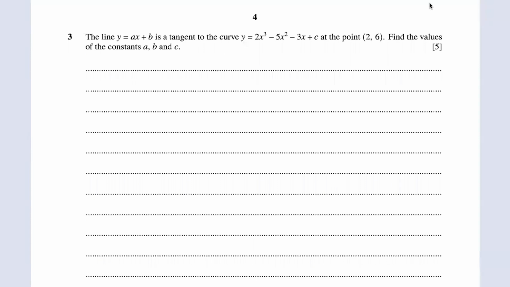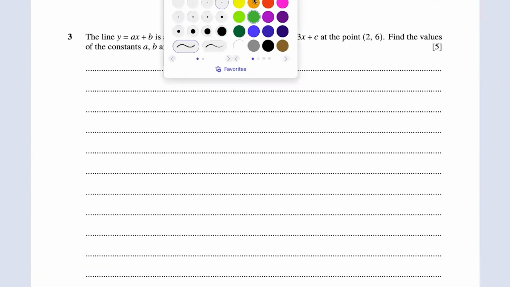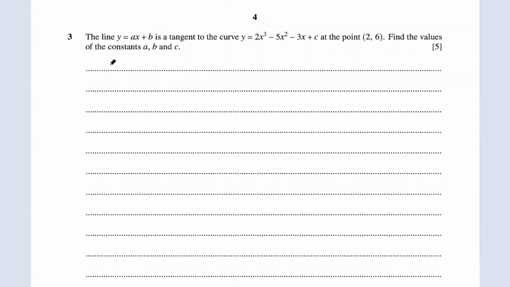In question 3, the line y = ax + b is a tangent to the curve at the point (2, 6). We have to find the values of the constants a, b, and c. Now from the equation of the line, the gradient of the line m is equal to a.